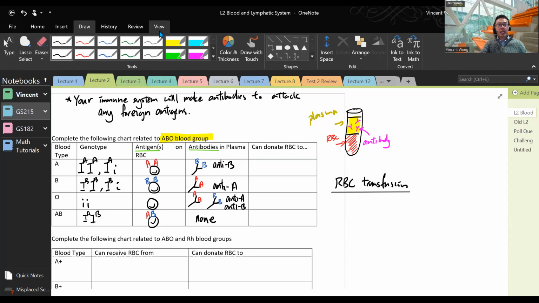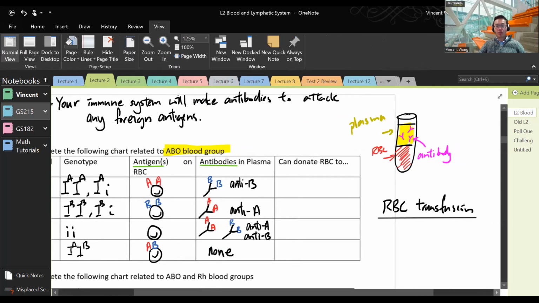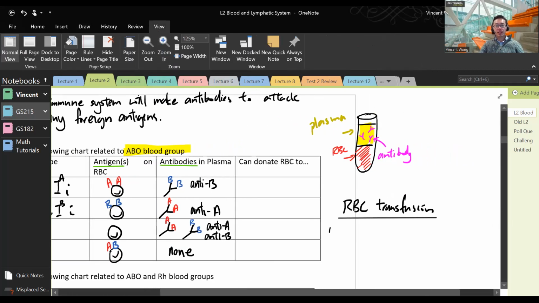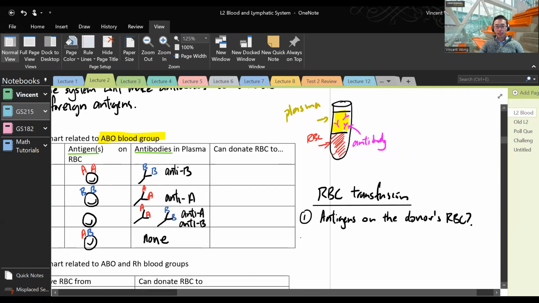And so you have to answer 3 questions. You have to ask yourself 3 questions to determine whether it's safe or not. The first question is, what are the antigens on the donor's RBC? Second question would be, what kind of antibodies are in the recipient, the person who's receiving blood?